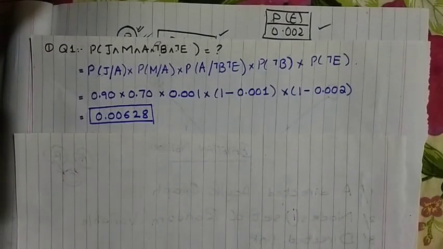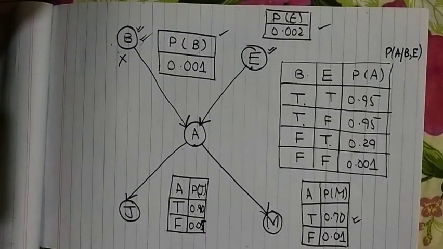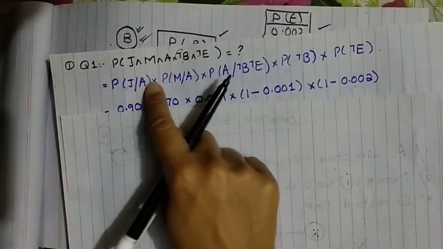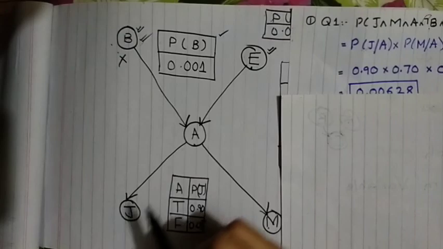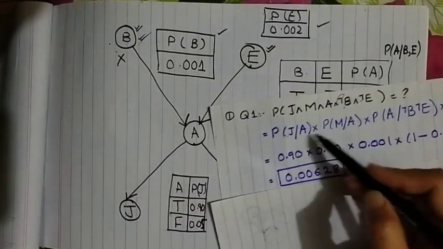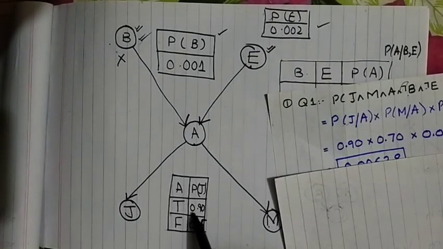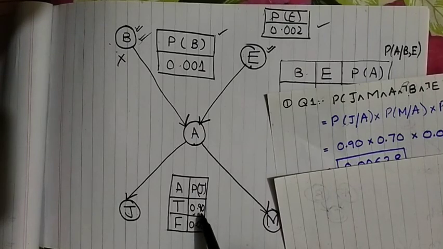So let's just put these values according to the CPT table which is given to us. So first of all we have to see the value of probability of j given that a. So it means that alarm has rung, this condition is true for us, and Junaid would be informing us. तो इसकी probability थी हमारे पास क्या थी within that table, that was 0.90.